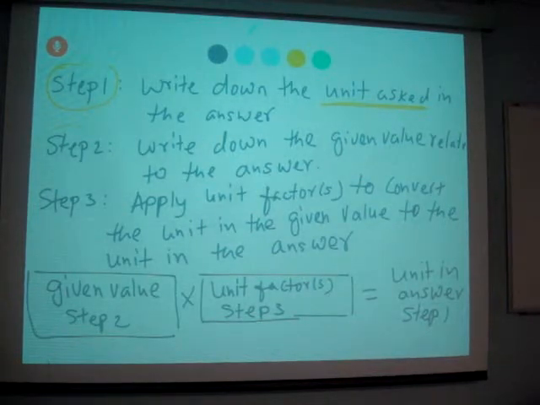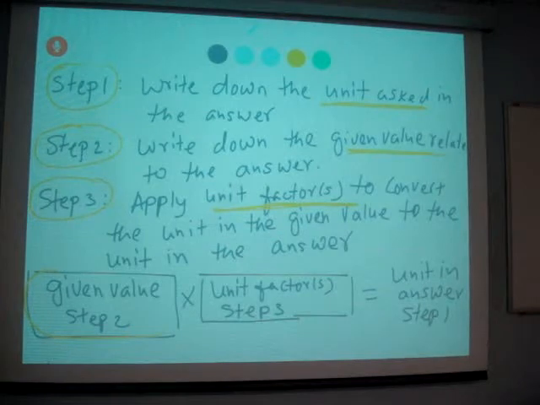Step 2 is write down the given value related to the answer. Step 3 is apply unit factors. Remember, we need to select the best unit factor so we can convert from the given value to the asked value.